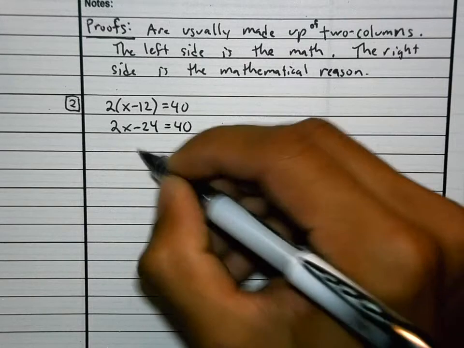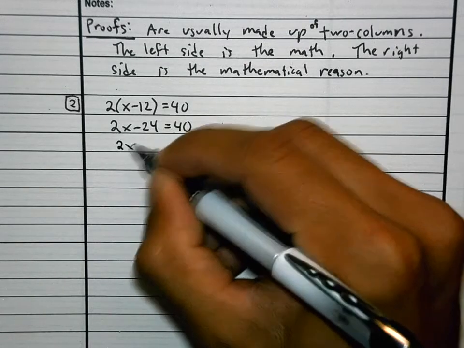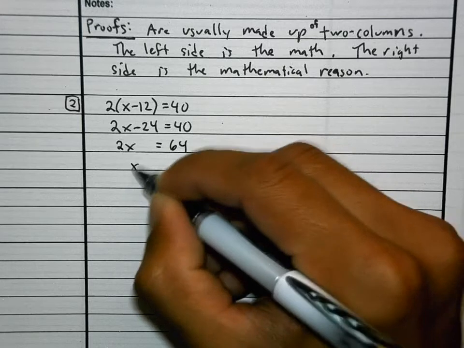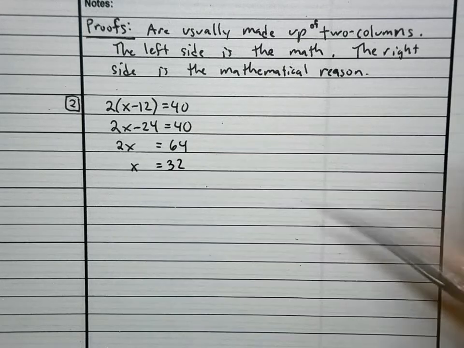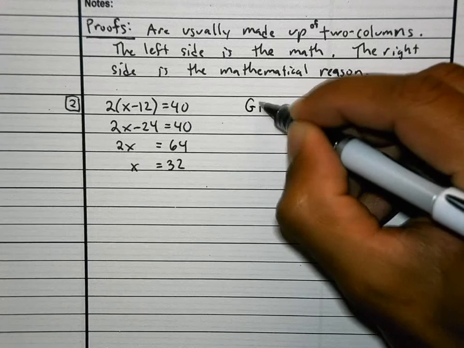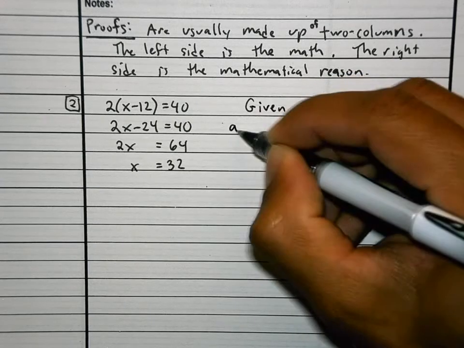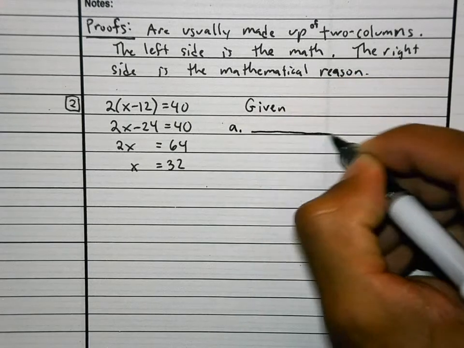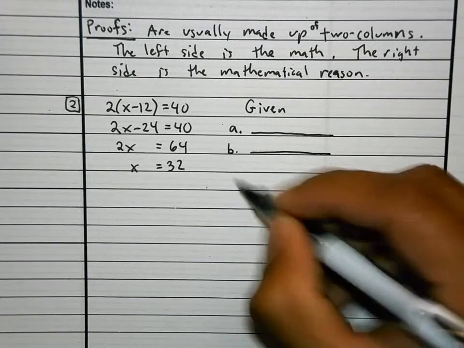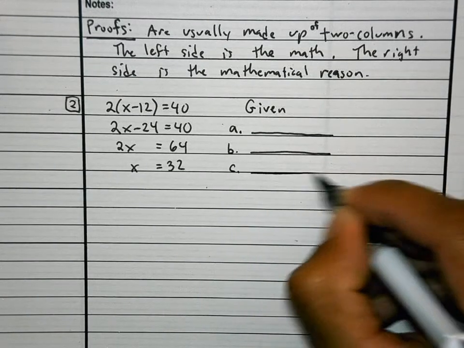Then it says 2x equals 64. Then it says x equals 32. Then it says this. It says given, A blank, B blank, C blank.